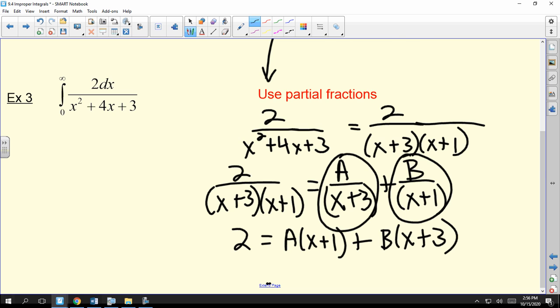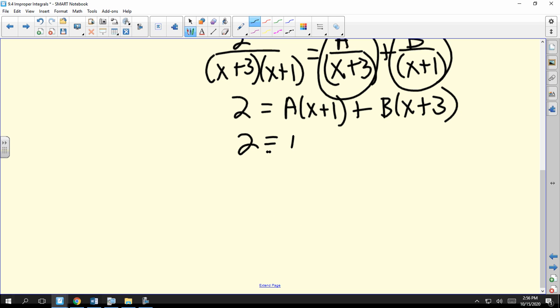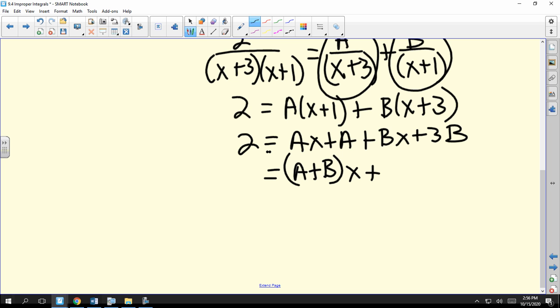Let's see if we can do that. So we've got 2 equals ax plus a plus bx plus 3b, so (a plus b)x plus (a plus 3b).